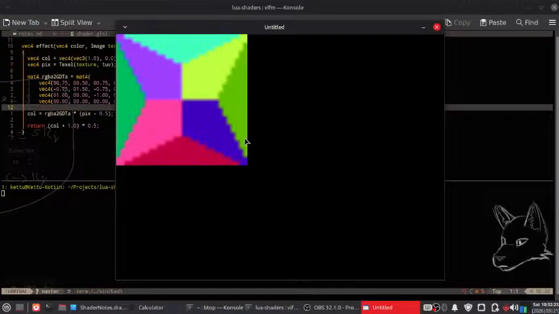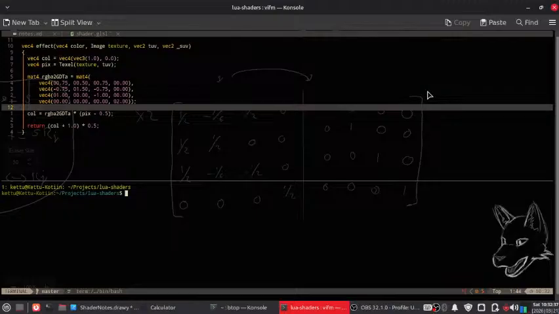White is white. I don't know why it's not doing things properly. White is white. Why is that not? White is white.